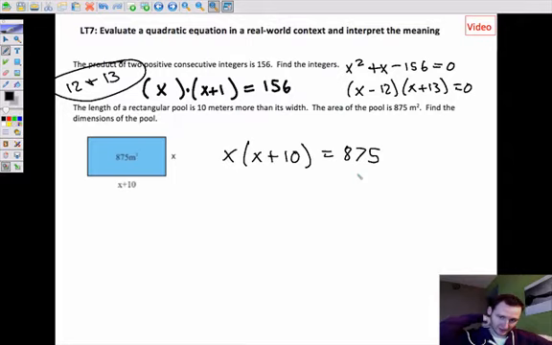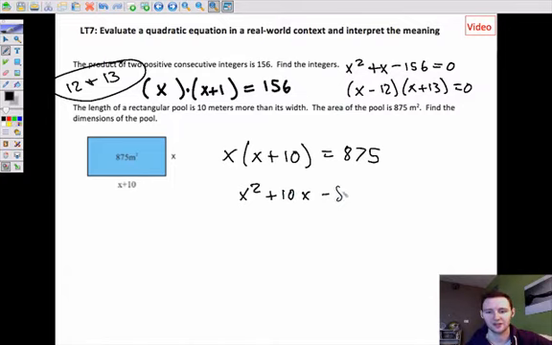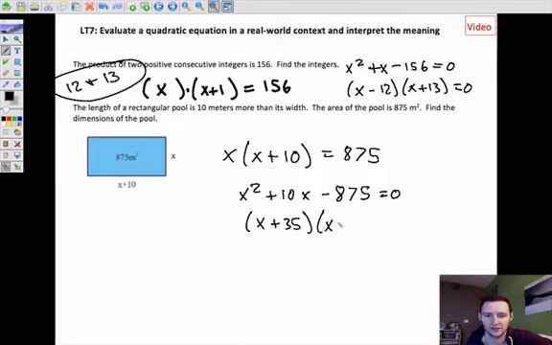Just like I did before, I'm going to expand this and then subtract 875 from both sides so that it equals 0. That factors into x plus 35, x minus 25.